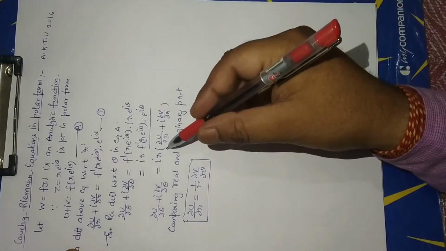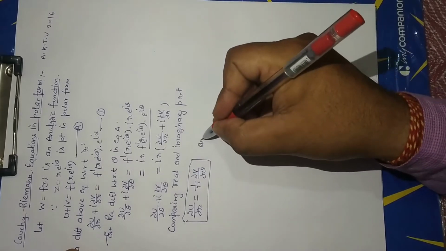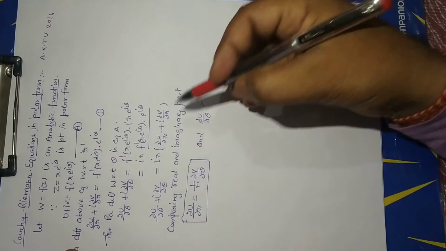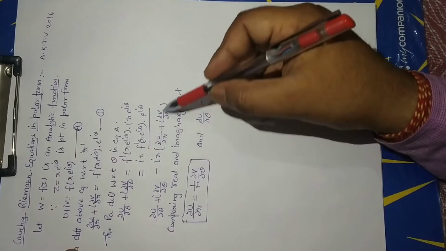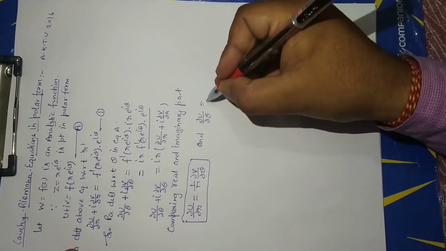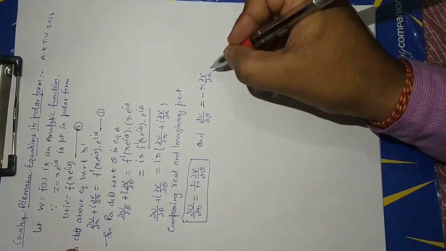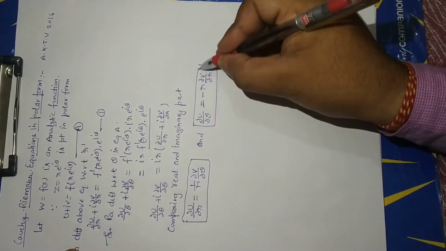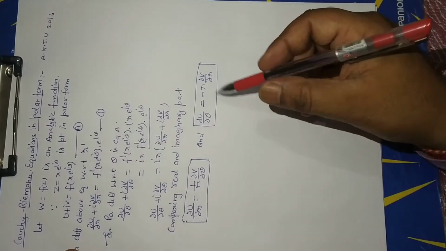Now del u upon del theta, this is the real part, and the other is minus r del v upon del r. These are the CR equations in polar form.